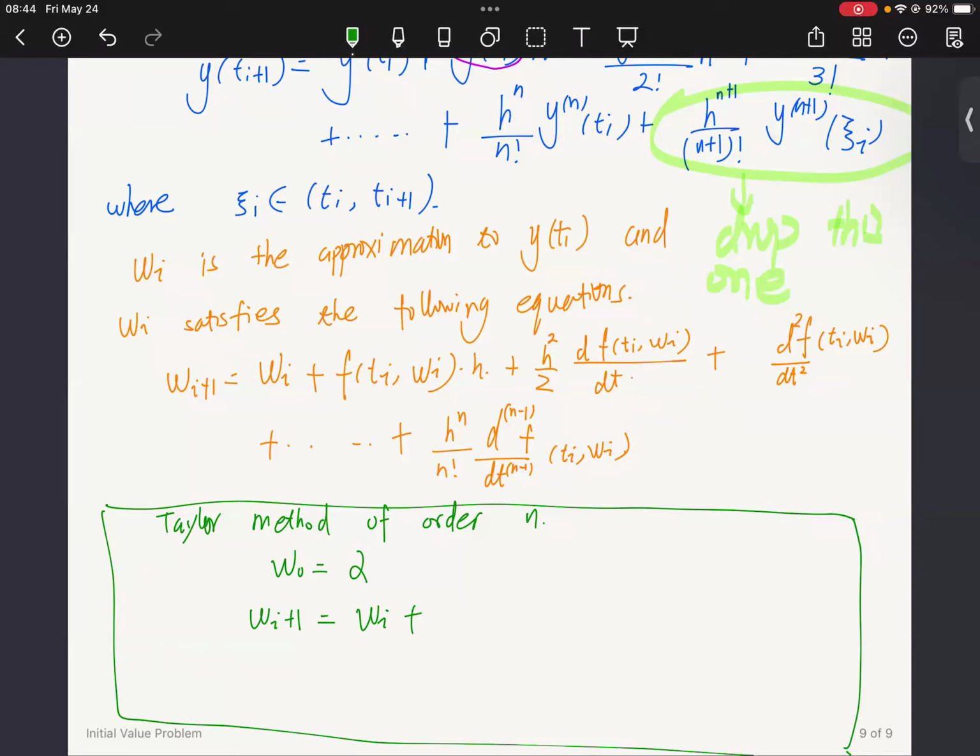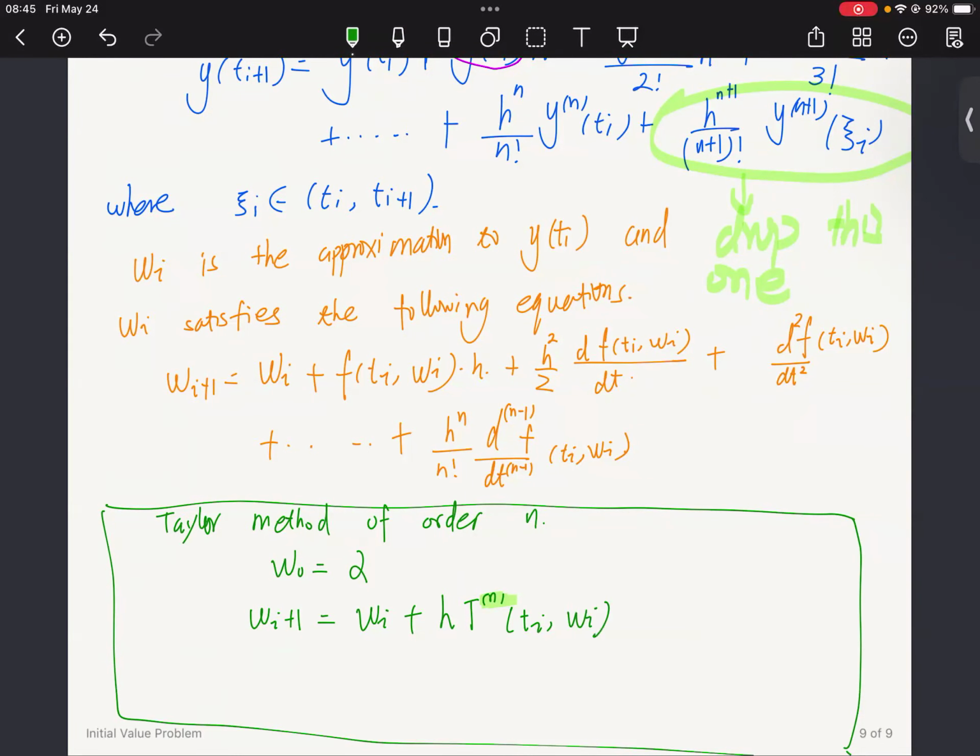Actually, we can write the formula in this way. We have h here, and then this is the Taylor T^(n), where n represents the order of the method, and it is a function of Ti and Wi.